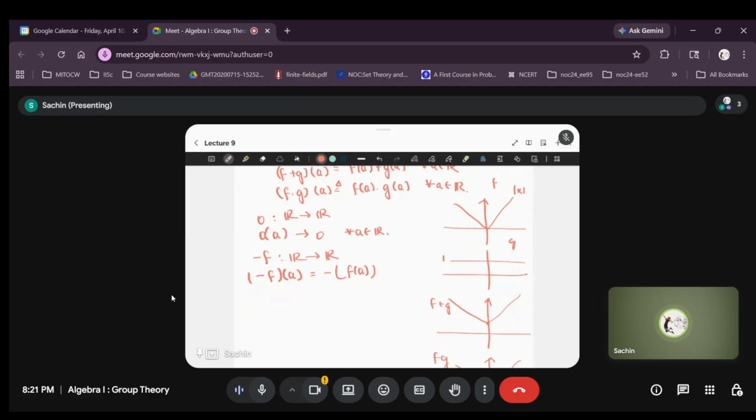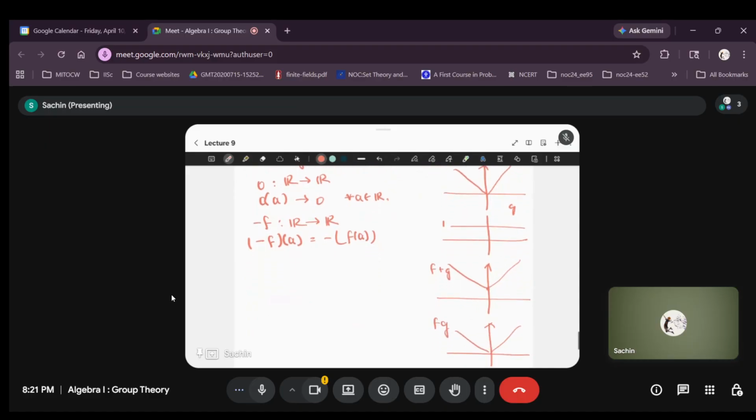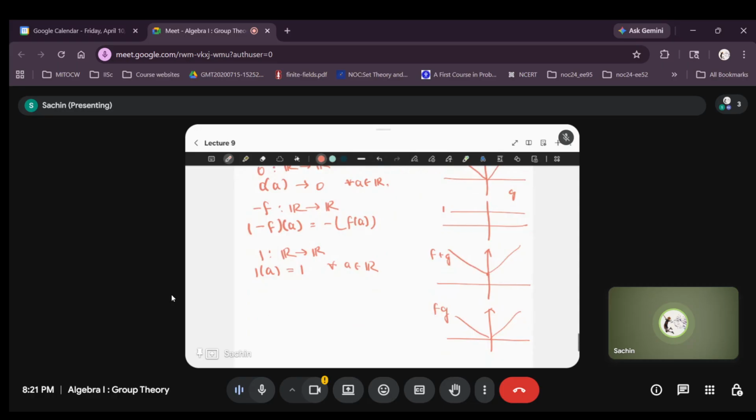That's the inverse of f. The multiplicative identity is the function that maps every number to 1. And you can verify distributivity, associativity, everything. This is a ring.